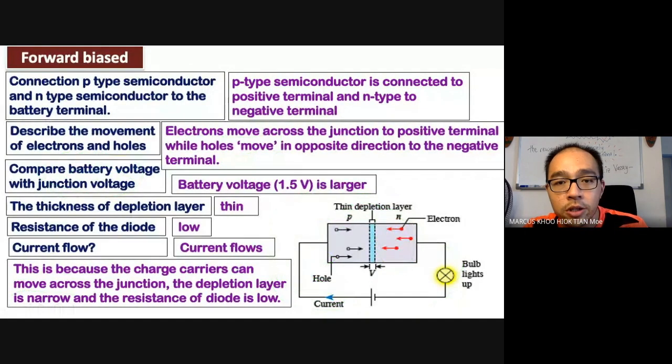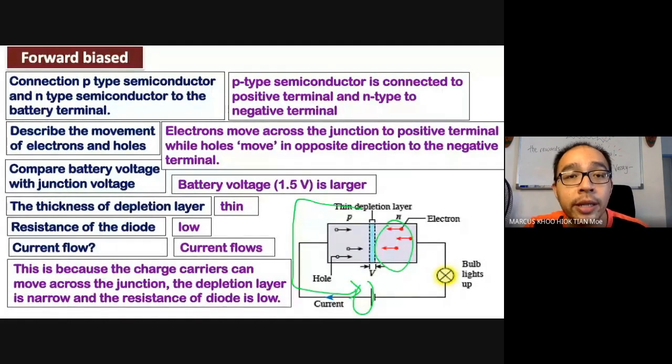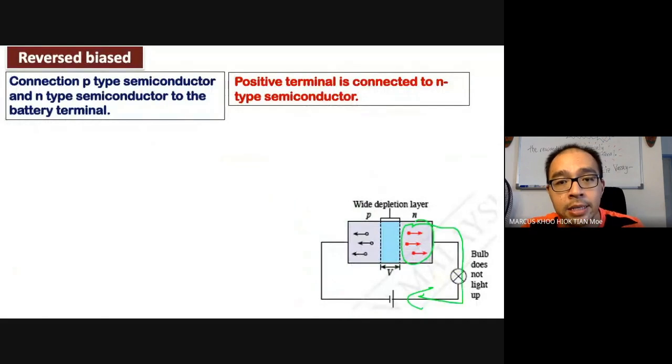The electrons over here will always move towards the positive plate. In forward bias, since the electrons were crossing over the depletion layer, it made the depletion layer smaller. But in reverse bias, because the positive terminal is here, the electrons are going to move over here.